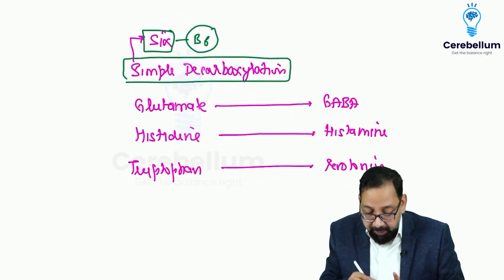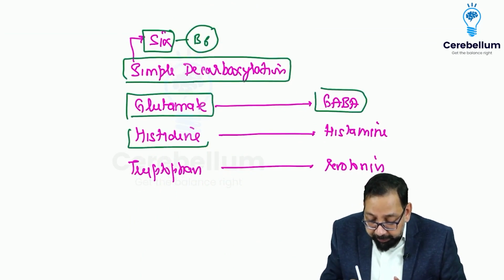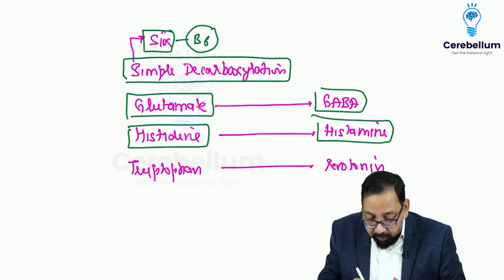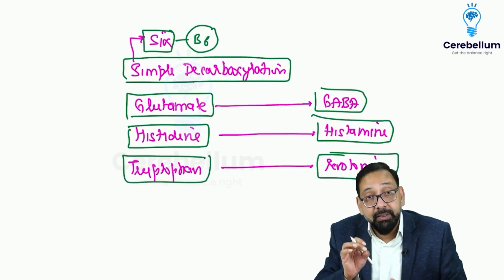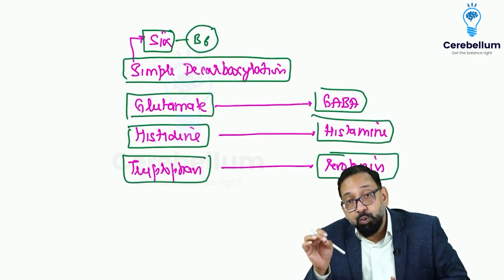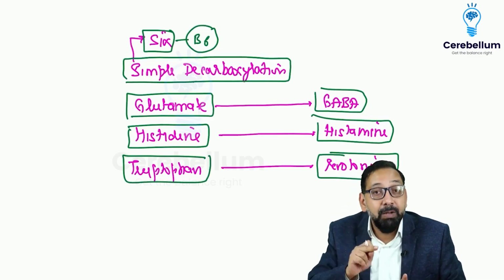Examples of simple decarboxylation: glutamate to GABA, histidine to histamine, tryptophan to serotonin. So a question is asked like this, that glutamate is converted to GABA by decarboxylation. They will not tell you whether this is simple or oxidative.